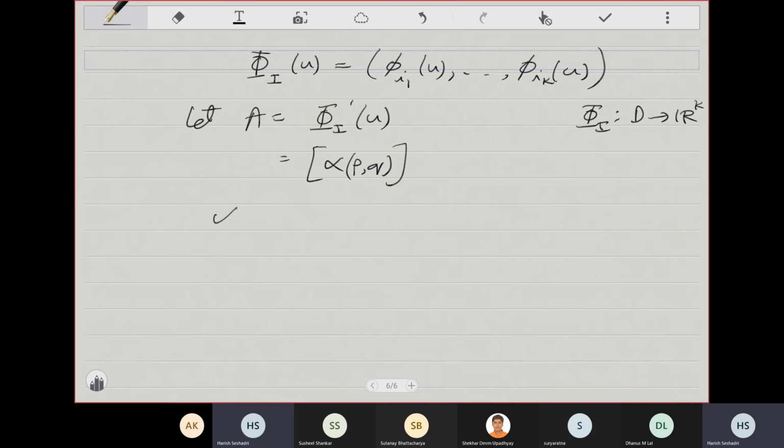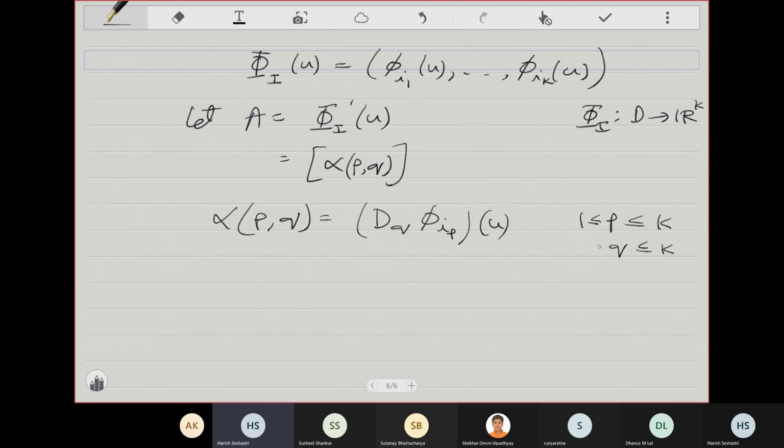It's the usual derivative matrix of phi I. So alpha pq will be d_q phi Ip of u. Here, of course, p and q run between 1 and k. It's a k by k matrix.